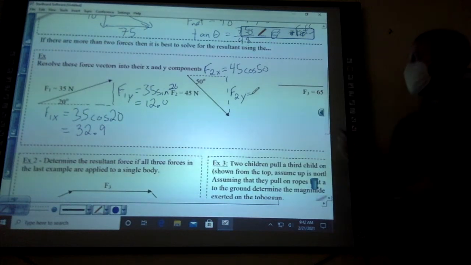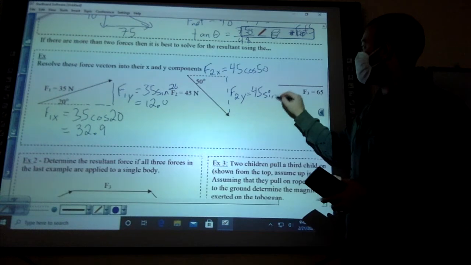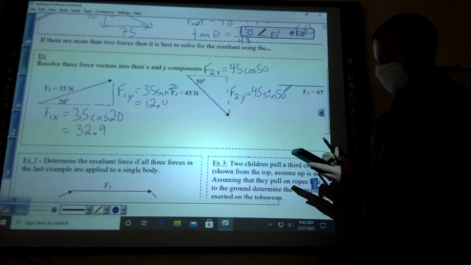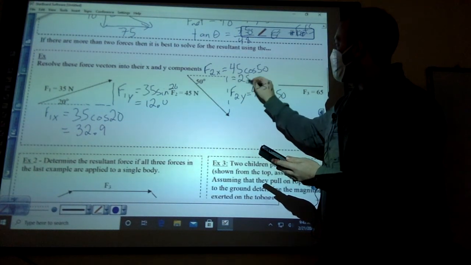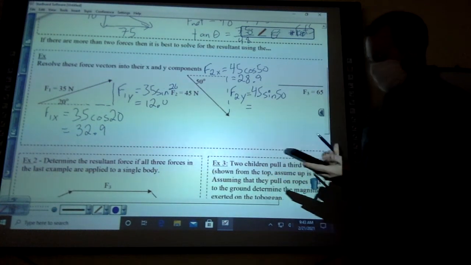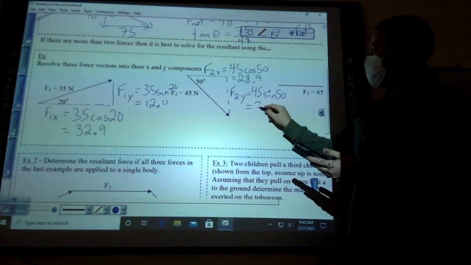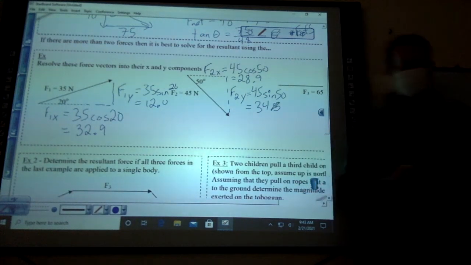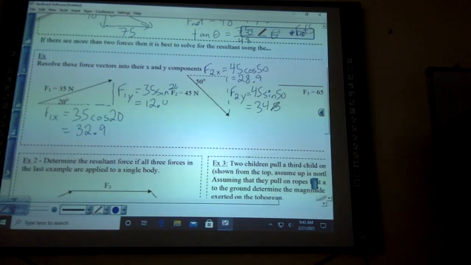So never assume, always try to actually figure this out. This is why I don't like actually calculating it, because it takes too long. Okay, any questions with this so far?